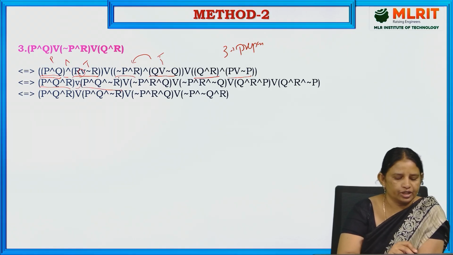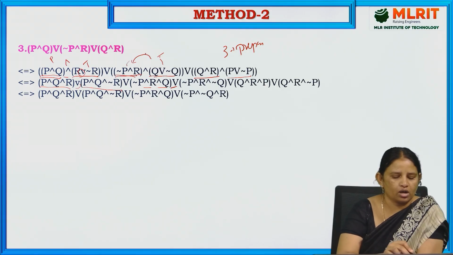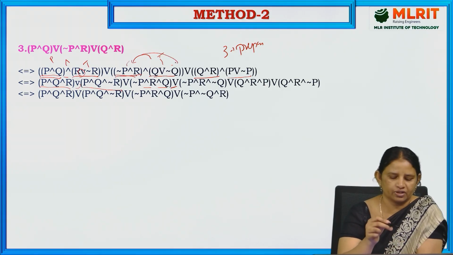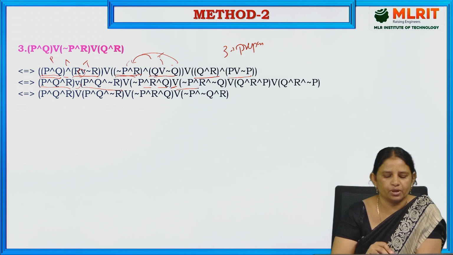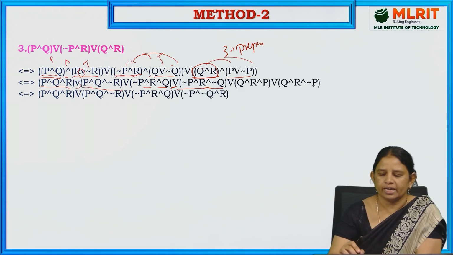Next, negation P and R, add Q. Next, negation P and R is distributed to Q as well as negation Q: negation P and Q and R, and negation P and negation Q and R. Next, Q and R will be distributed to P and negation P: P and Q and R, and negation P and Q and R.